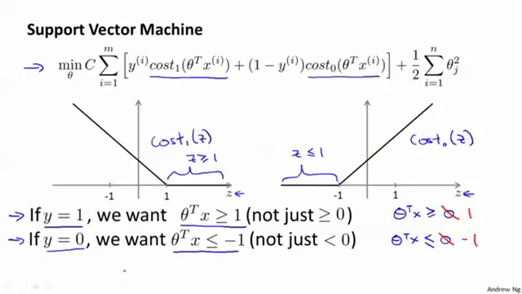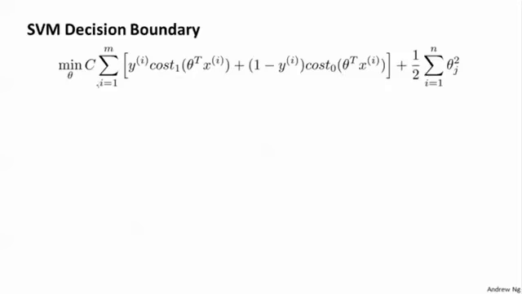Concretely, what I'd like to do next is consider a case where we set this constant C to be a very large value. So let's imagine we set C to a very large value, maybe 100,000, some huge number. Let's see what a support vector machine will do. If C is very, very large, then when minimizing this optimization objective, we're going to be highly motivated to choose a value so that this first term is equal to 0.